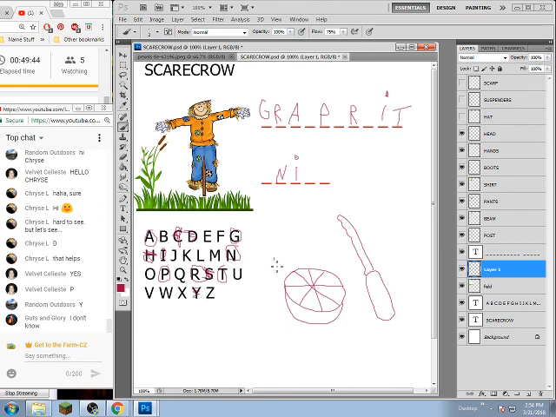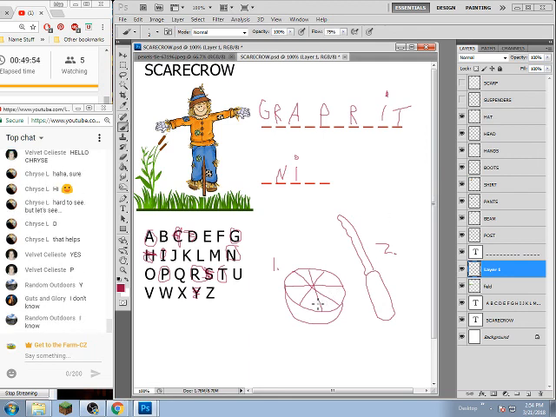This is the first word, and this is the second word. A really crappy version of the second word. Like I said, I'm not going to promise anything for my drawing skills. Random thinks he knows, huh? Let me try drawing this a little better.